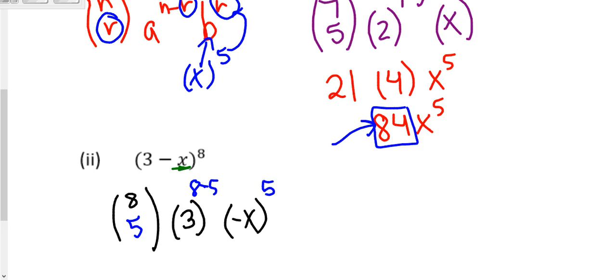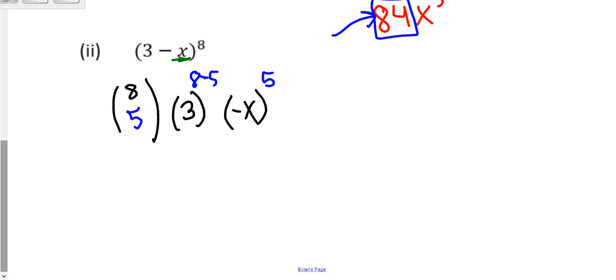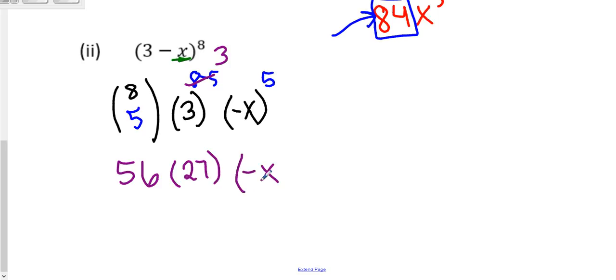We can use a calculator. 8 choose 5 is 56. 3 cubed is 27. Negative x to the 5th is going to be a negative x to the 5th, because that negative in front raised to an odd power is going to stay negative.